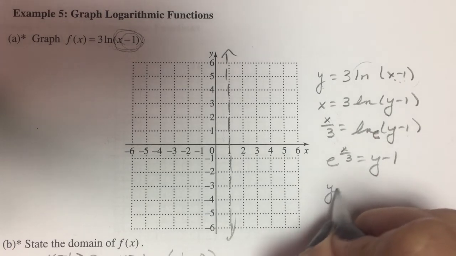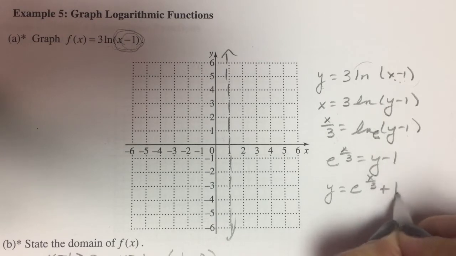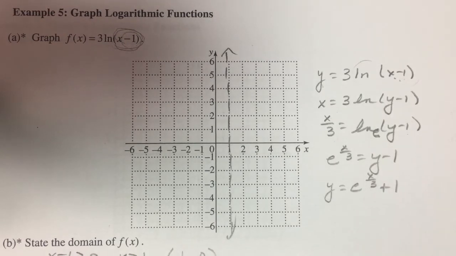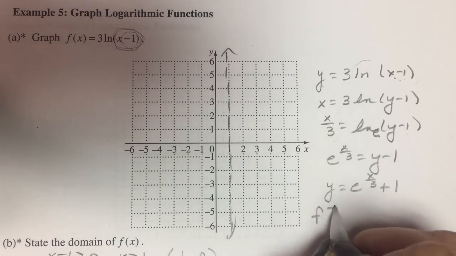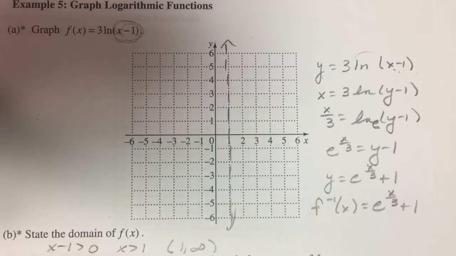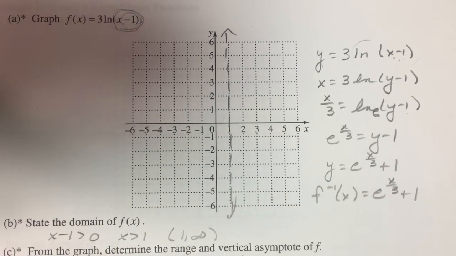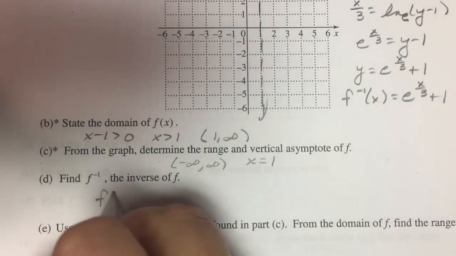And then if I solve for y, I'm going to get e to the x over 3 plus 1. And then, of course, I'm going to put that in correct function notation, which would be f inverse of x equals e to the x over 3 plus 1. And that is the inverse. So I'm going to go ahead and write that down here.